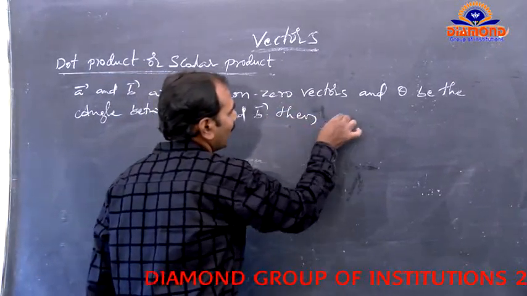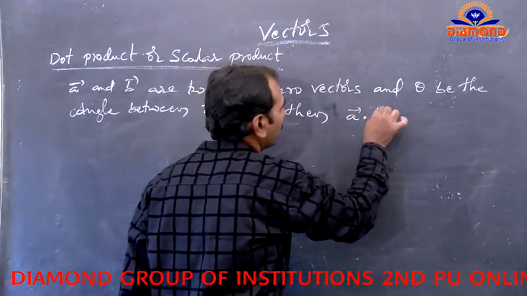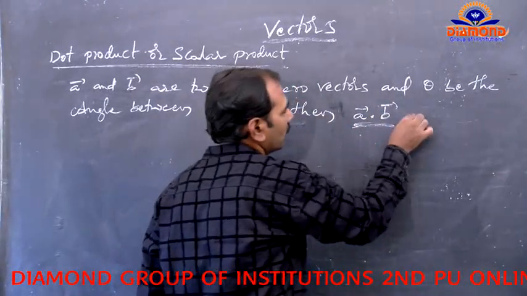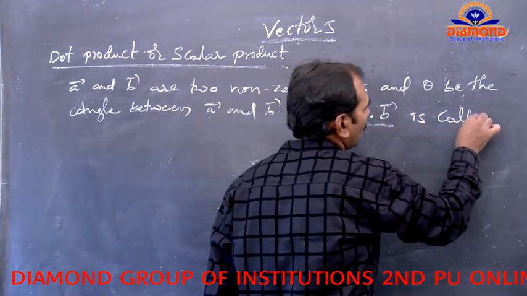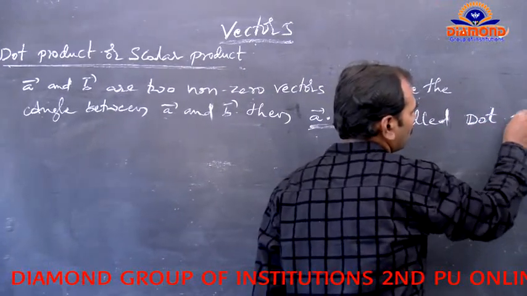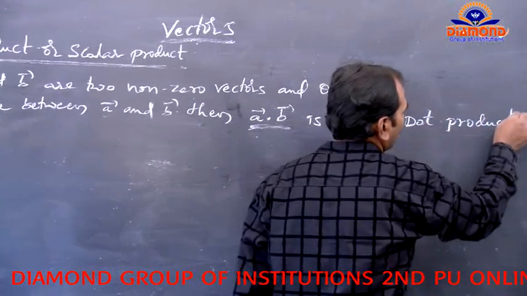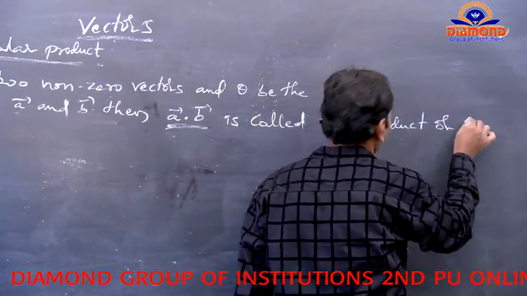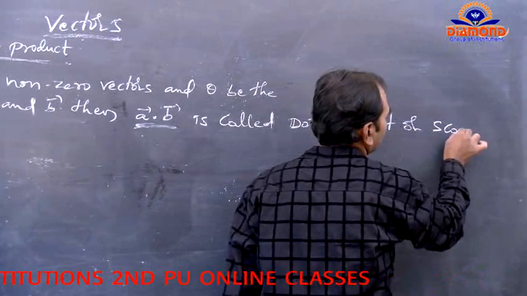Then A dot B is called the dot product or scalar product.